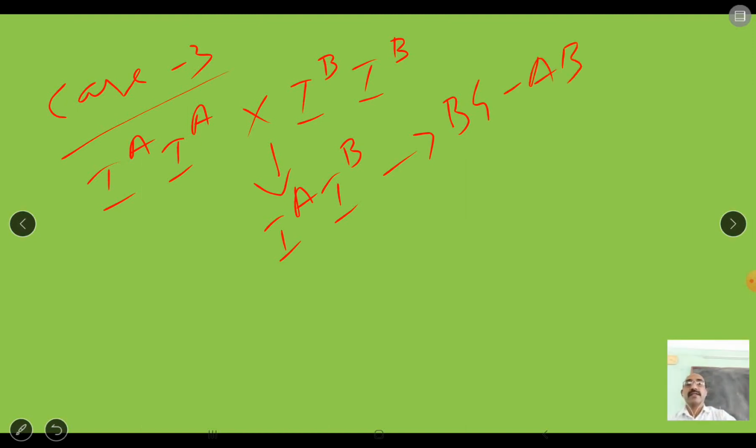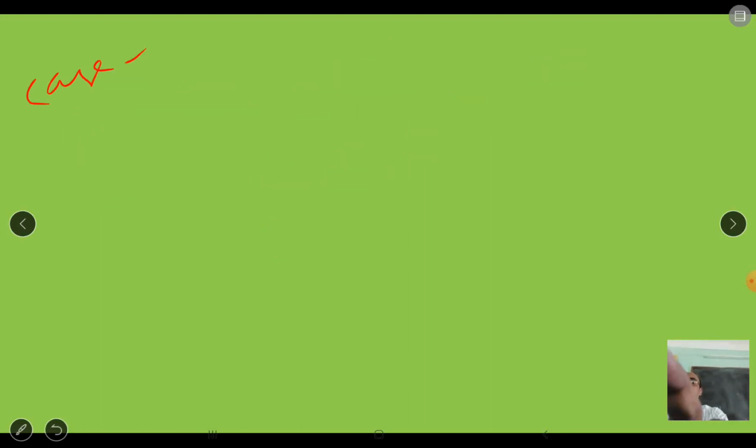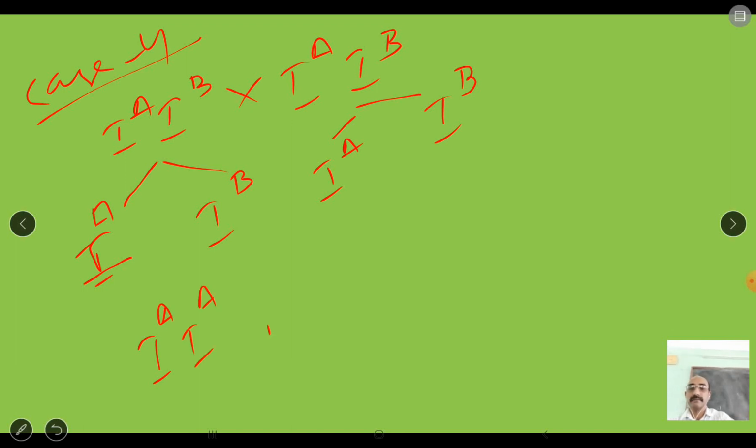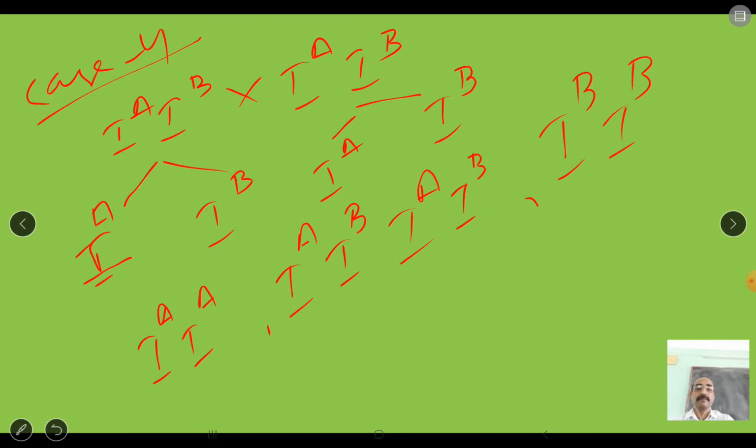Got it? Now, take the example of another one, case 4. I^A I^B crossed with I^A I^B. The combinations will be I^A I^A, I^A I^B, and I^B I^B.